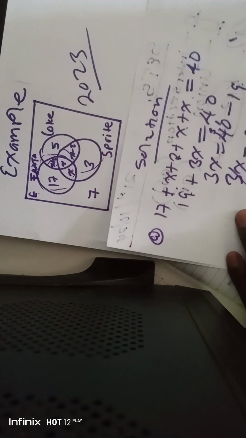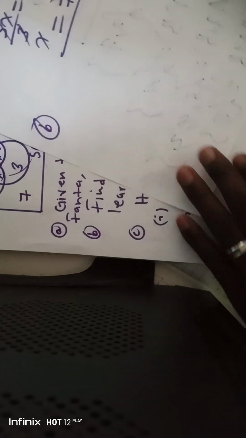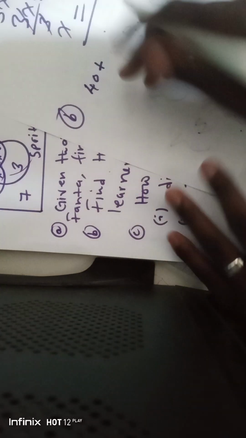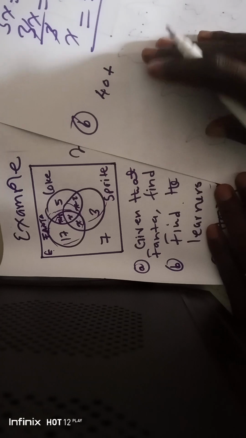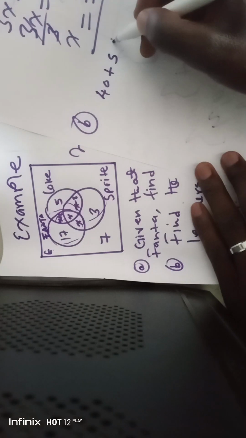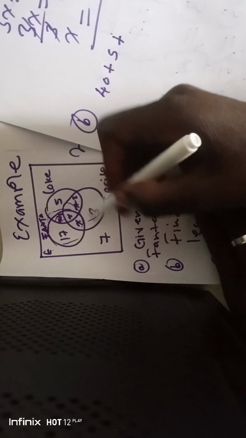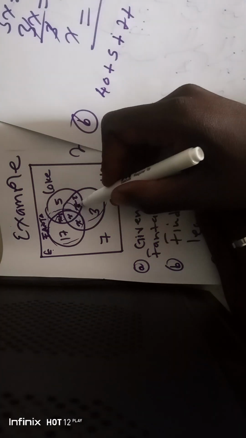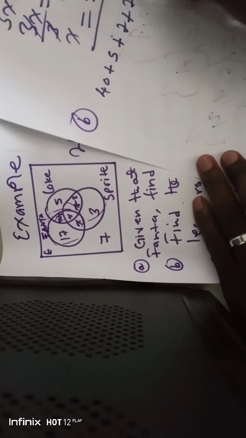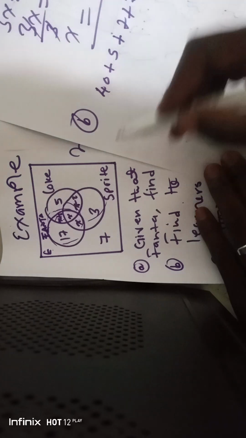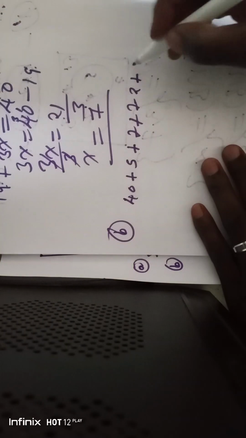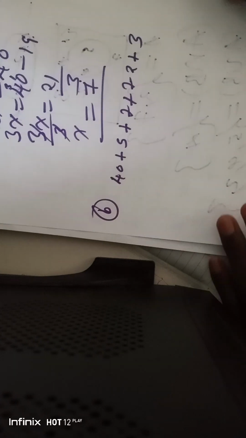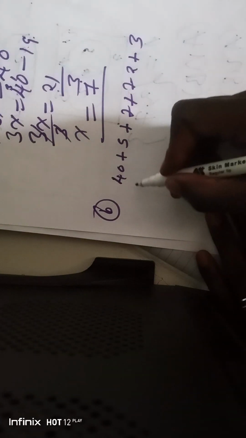So I'll just go ahead and say 40 plus 5 plus 7 plus 7 minus 2 plus 3 plus 3. If we add this, it should give us the total number of learners in the class.